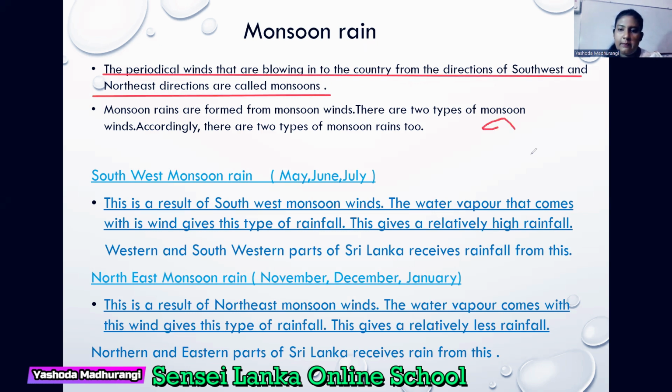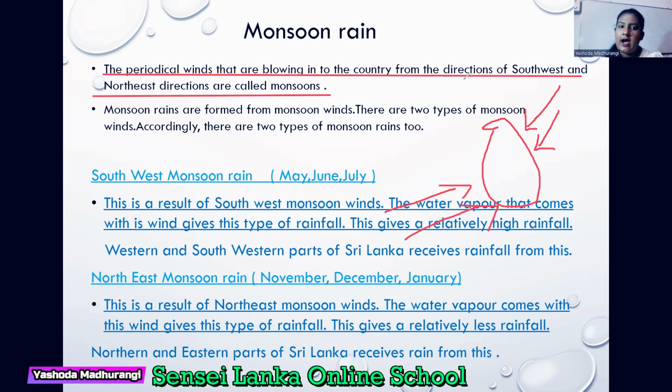Periodical winds mean they come only in one season. It has a special time period to come. There you have to remember, if this is Sri Lanka, in one season, wind comes to the country from southwest. That is the southwest monsoon wind. At another time, wind comes to Sri Lanka from the northeast. We call it the northeast monsoon. With these two winds, rain is coming.